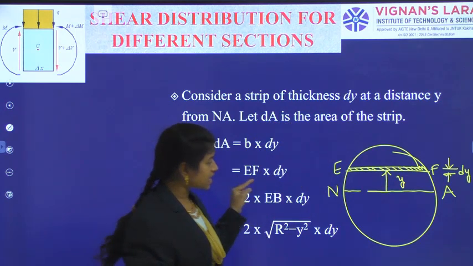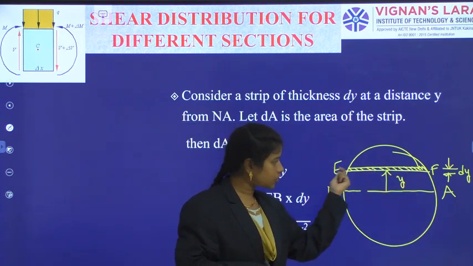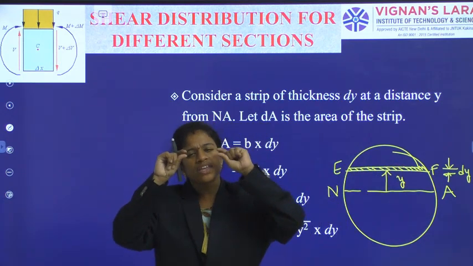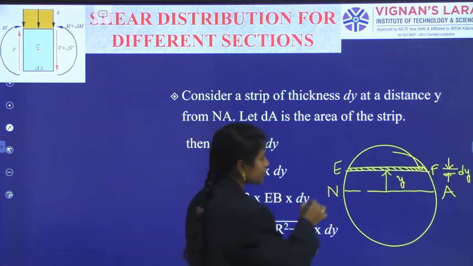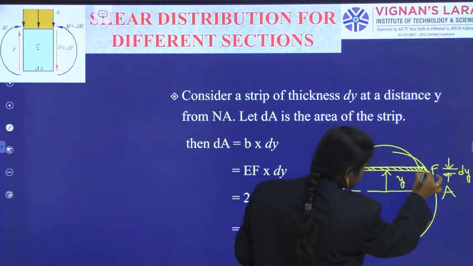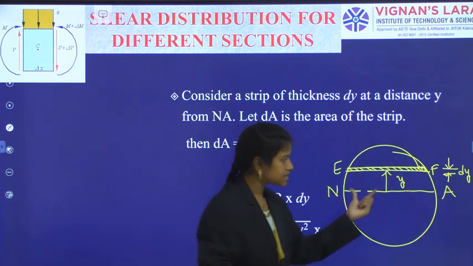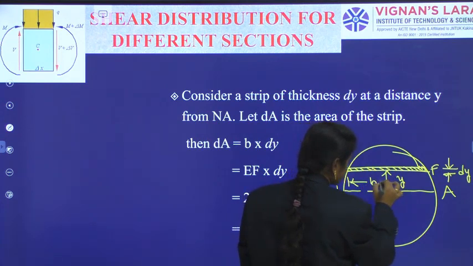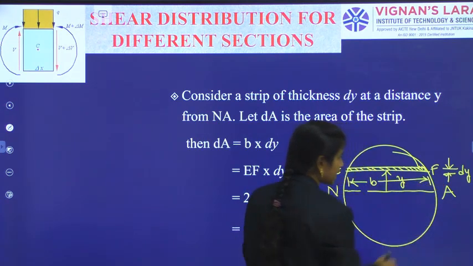When you see this, you can observe that even though it is a small strip in the circular section, it is very thin, so I can simply consider it as a simple rectangle with a width B and thickness dy.